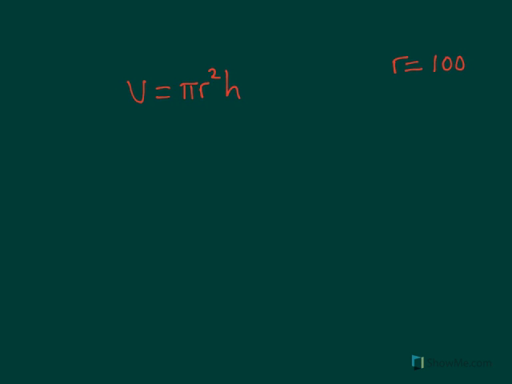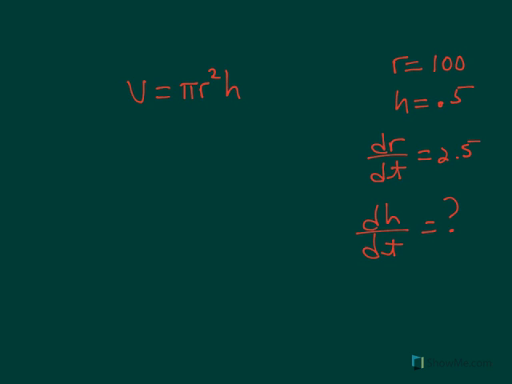They told you that h was going to be 0.5. They told you the change in r with respect to time was going to be 2.5, and what you're seeking is the change in height with respect to time.